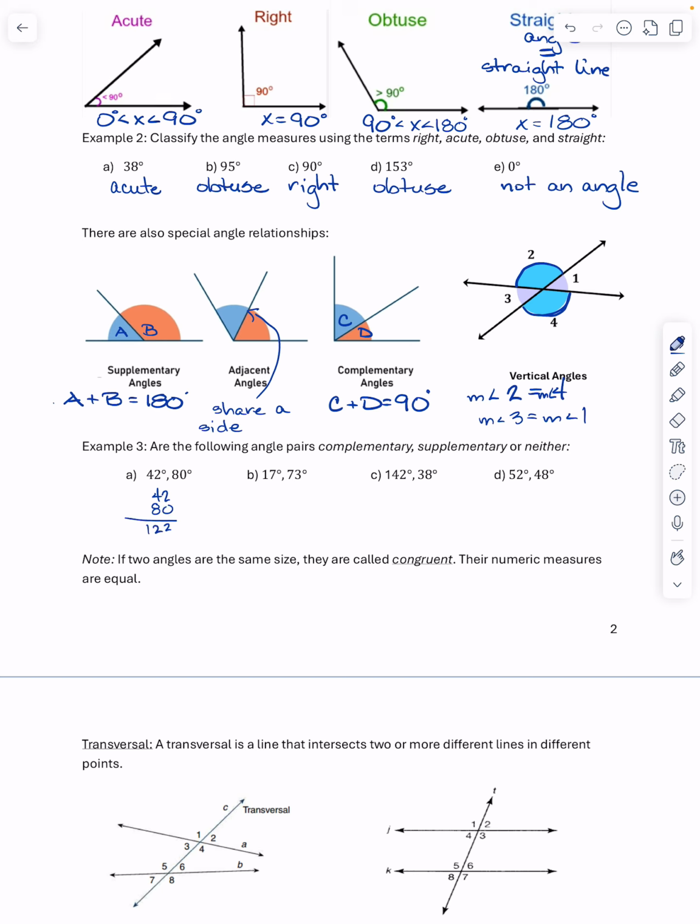This is not 90 or 180, so this is neither. When I add 17 and 73, 7 plus 3 is 10, 7, 8, 9. These are complementary. Notice it's complement with an E, not compliment with an I, which means we're saying something nice about somebody.